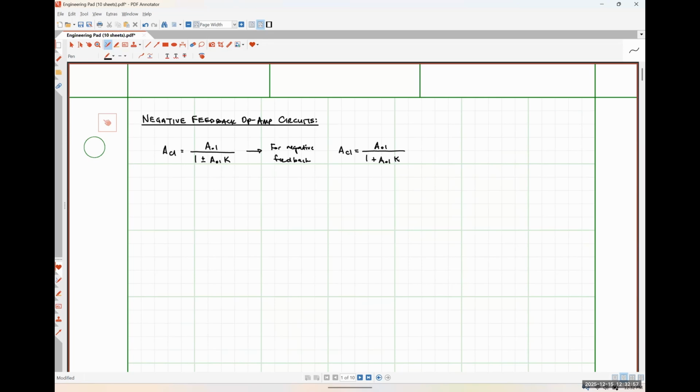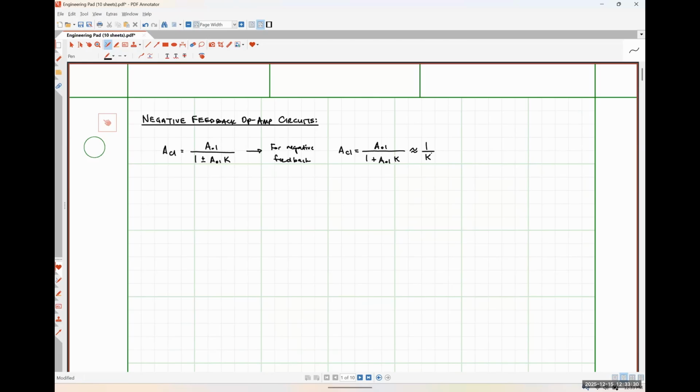So what we'll see is that this expression for our closed loop gain will reduce to be approximately 1 over our feedback factor K, which essentially means that our closed loop gain will be established by the components that we put in our feedback network, okay? So why this is so important can be explained by talking about what's called gain desensitivity, okay?